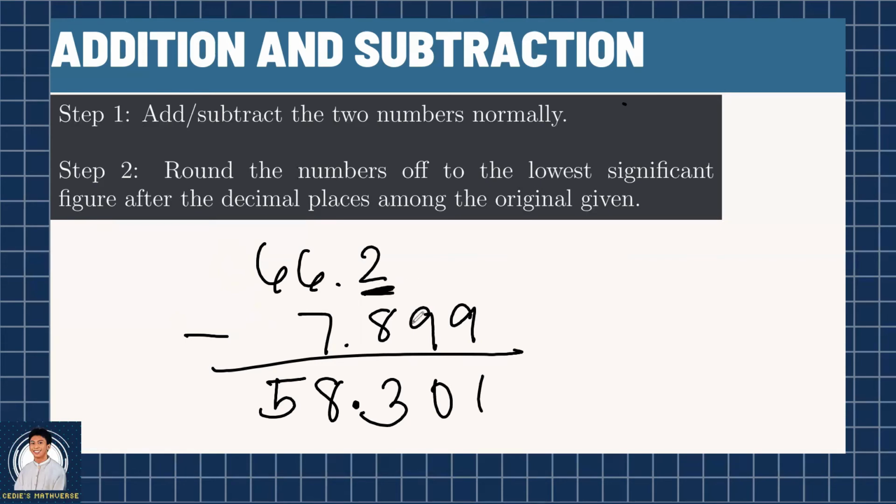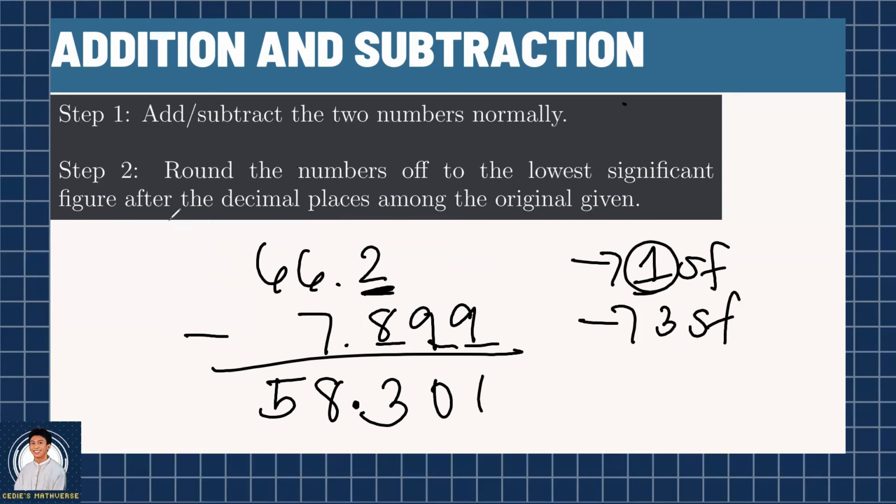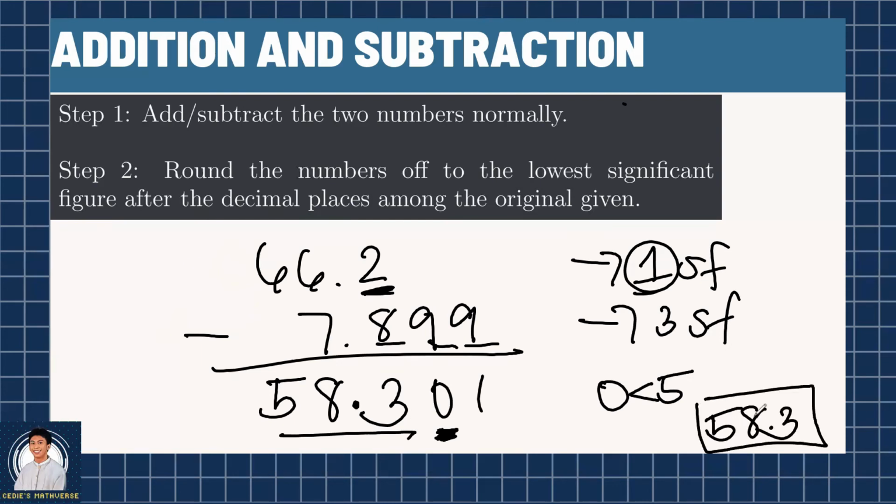Then, remember, this has one significant figure after the decimal and this has 3. So, we are rounding to one significant figure after the decimal place. So, 0 is our digit here and 0 is less than 5. So, this 58.3 will be retained. 58.3 is our correct answer.